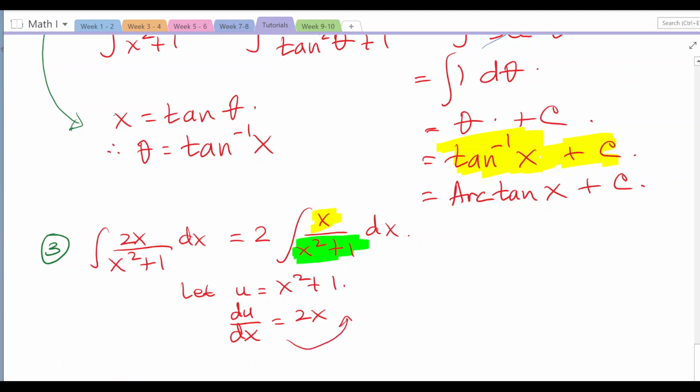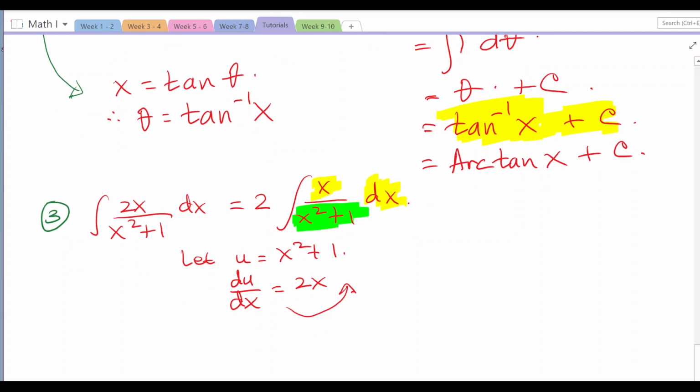Move the dx over there, and because we have x dx here, we can change this into half du. Half du equals x dx. This can now be substituted into the problem.